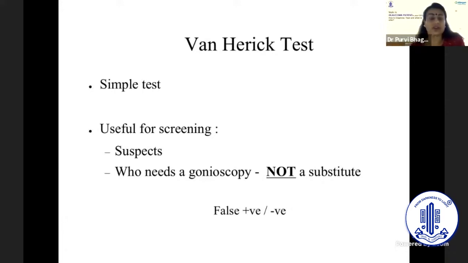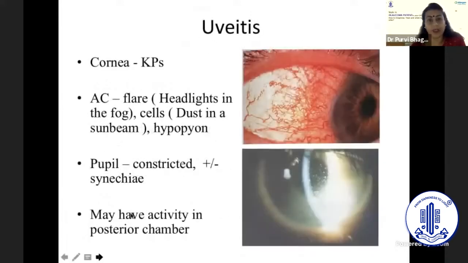When you do the gonioscopy or the UBM or ASOCT, then you find that there is a peripheral closure. Or it could be false negative, that is, you find that the Van Herick is just grade 1 or 2, but it could just be a thick iris which is giving that appearance. So always do a gonioscopy. Van Herick is not a substitute for gonioscopy.